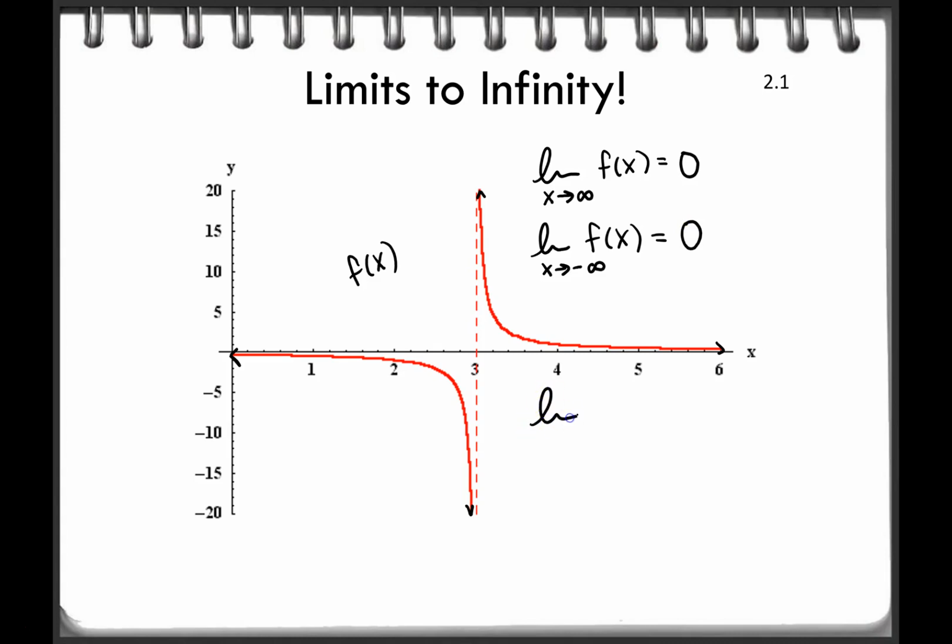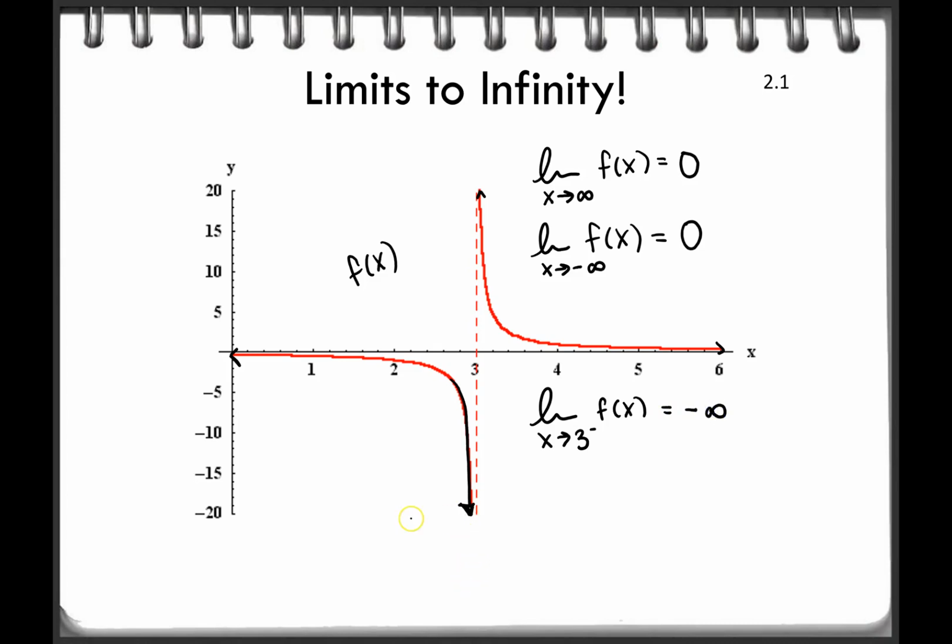What about the limit as x approaches 3 from the left of f of x? Well, from the left, we're talking about this right here. So we're approaching 3 from the left. What's the y value that we're approaching? As we get closer and closer to 3, we're going further and further down. And so our limit is going to be equal to negative infinity, because we're going down.